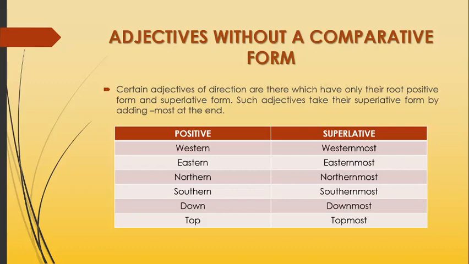And they always form their superlatives by adding most at their end. For example, western becomes westernmost, eastern, easternmost, northern, northernmost, southern, southernmost, down, downmost, and top, topmost.